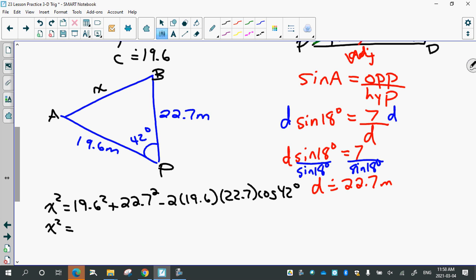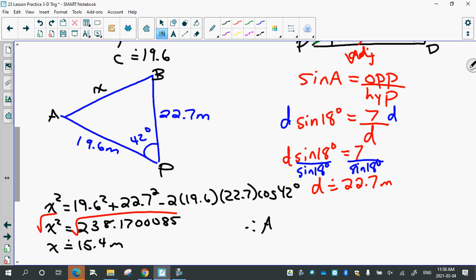Which gives me 238.1700085. Square root, 15.4 meters. So therefore, A and B are 15.4 meters apart.